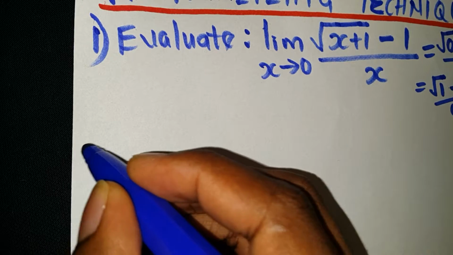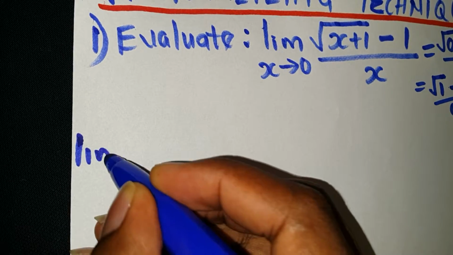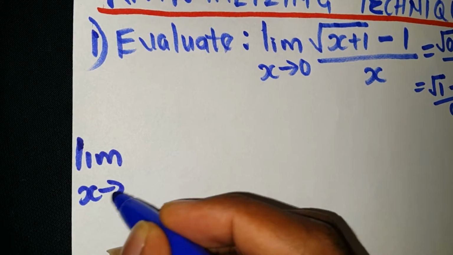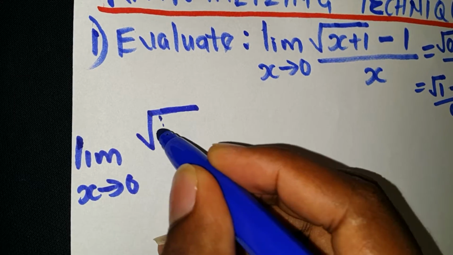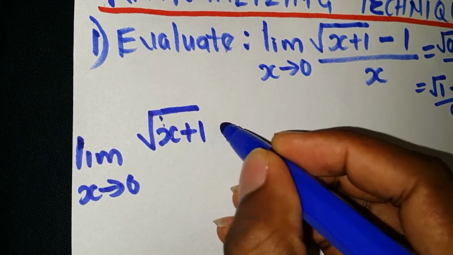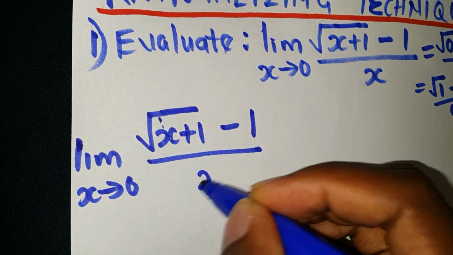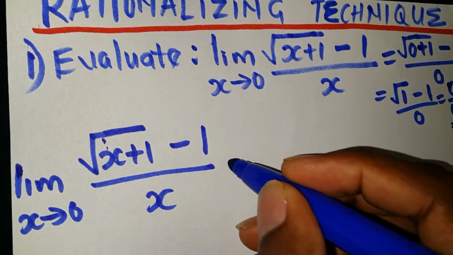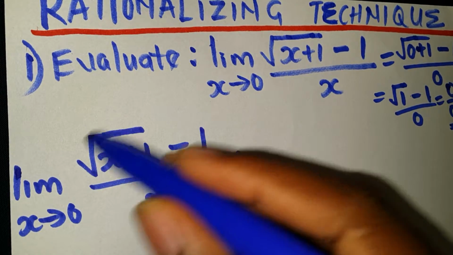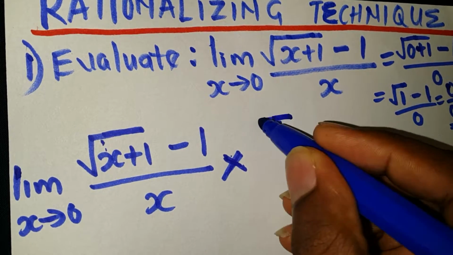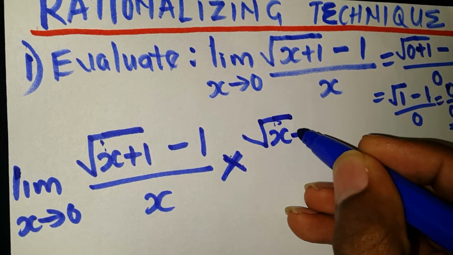Let's write it out again. We have the limit as x tends to 0 of the square root of x plus 1 minus 1 divided by x. So we multiply it by this complex function, which is root x plus 1.